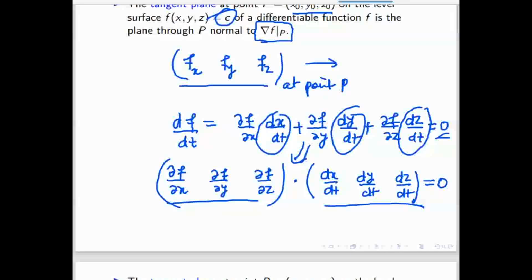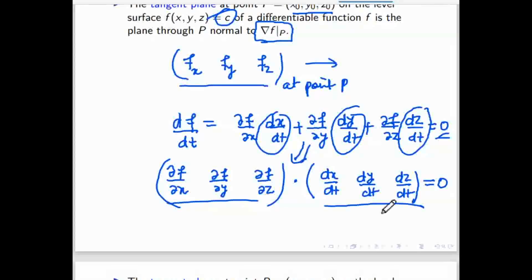And because this dx by dt, dy by dt, dz by dt represents the tangent and the dot product is 0, that means what will this grad f, fx, fy, fz represent? If two vectors have the dot product 0, what does it mean? They are perpendicular. So this is perpendicular to the tangent, and perpendicular to the tangent is nothing but the normal.